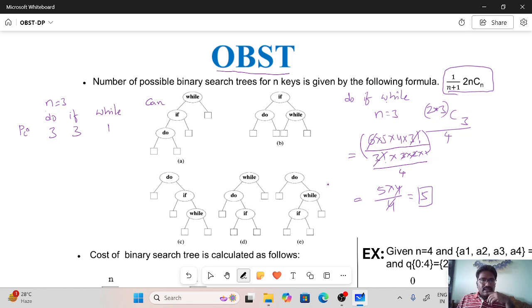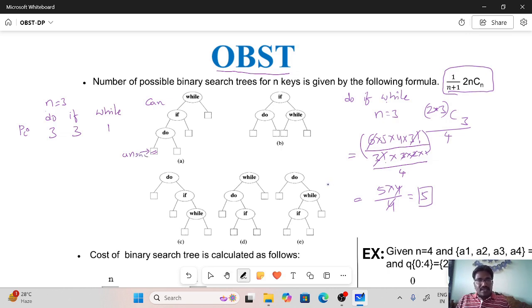Can compared with while: smaller, traverse to the left. Can compared to if: smaller, traverse left. Can with do: smaller, traverse left. Now we have only 3 keys, but there is no key matching can. So it must be an unsuccessful search. In other words, we are searching for a key which is not available in the list. That we technically call an unsuccessful search.